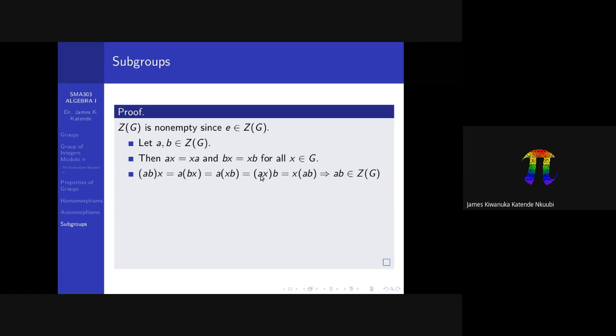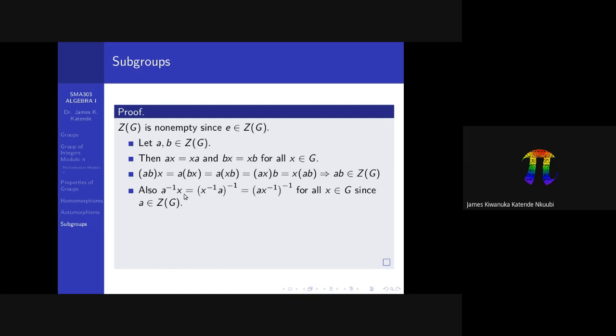And since A is in the center, AX will be equal to XA. I end up with this at the end. So basically, ABX is the same as XAB. Therefore, this product also commutes with all other elements in G. So the product of two elements in the center will give you another element in the center. That's the first property we need to check if a subset is a subgroup.